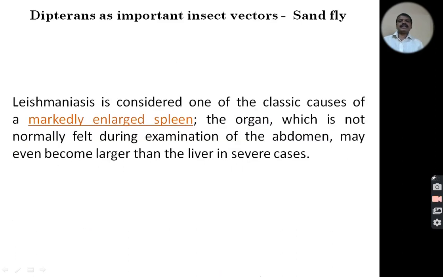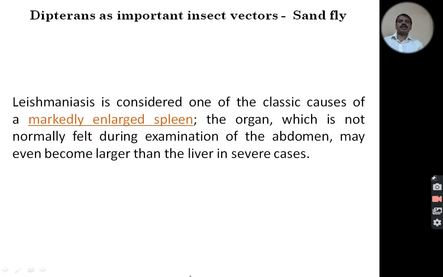Leishmaniasis is considered one of the classic causes of a markedly enlarged spleen. This is one of the important diagnoses, usually seen during scanning. The organ, which is not normally felt during examination of the abdomen, may even become larger than the liver in severe cases.